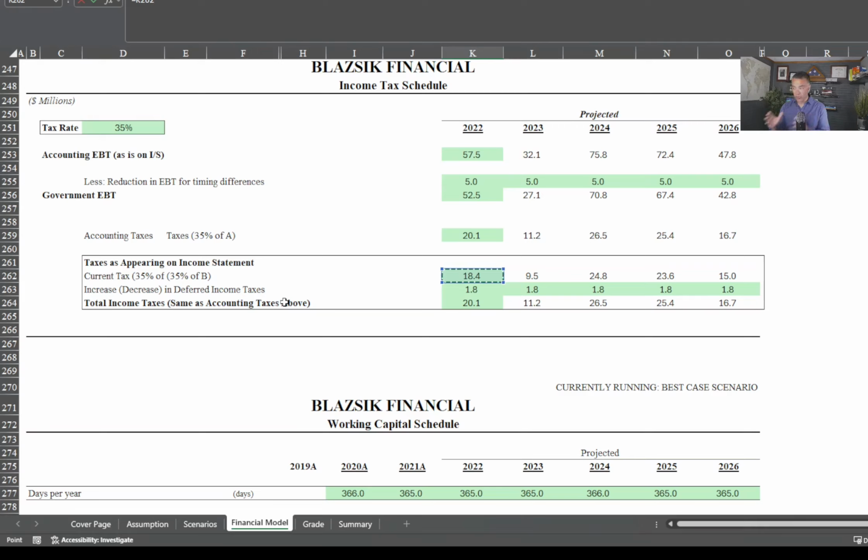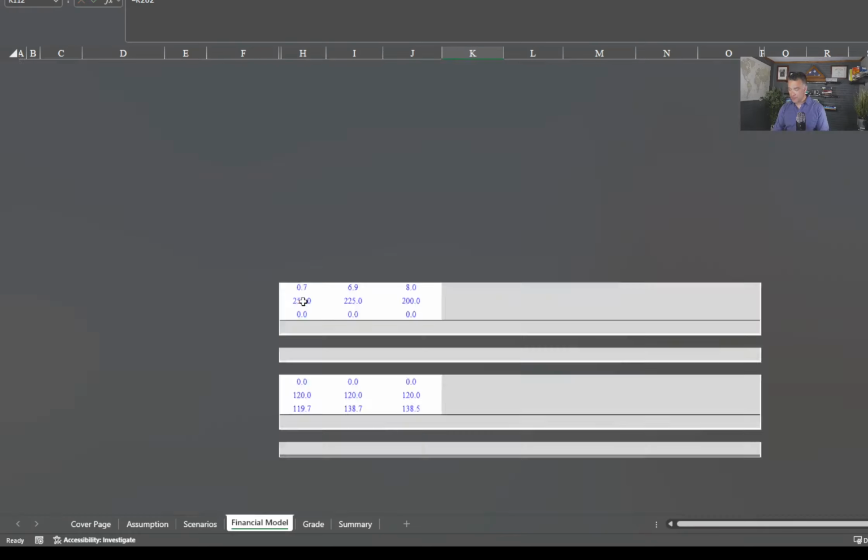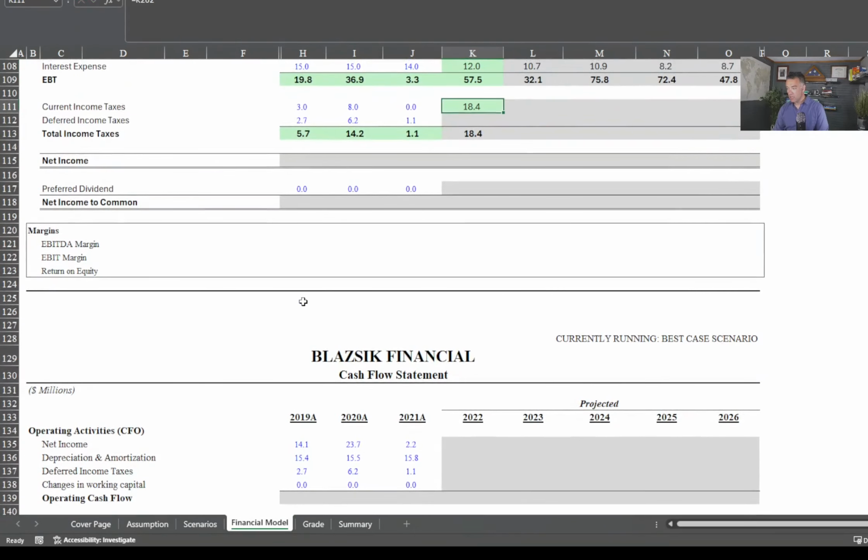I'll explain it thoroughly there. But deferred, just remember that. It means I'm deferring it to a later period because of timing differences. So I'm going to select that first cell. We got the current, bring it down. Now you can do this if you want to get really quick. I'm going to hit Control D R, and that fills it in pretty quick. So D is control fill down and then to the right.